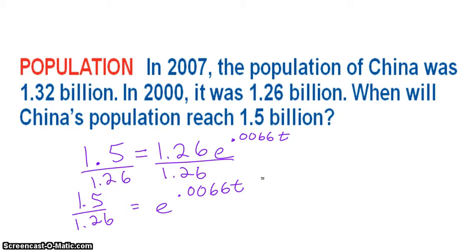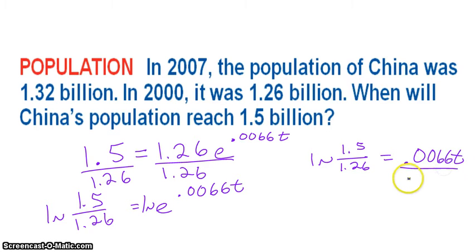We will take the natural log of both sides. Remember, our exponent comes out in front, so we are left with only our exponent, since the natural log of e is just 1. And then we'll divide both sides by 0.0066.